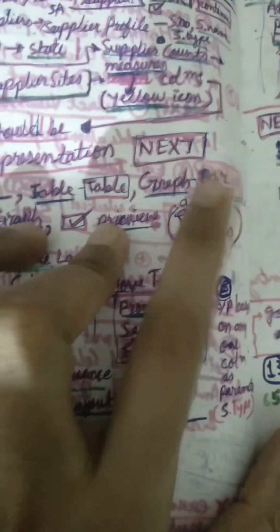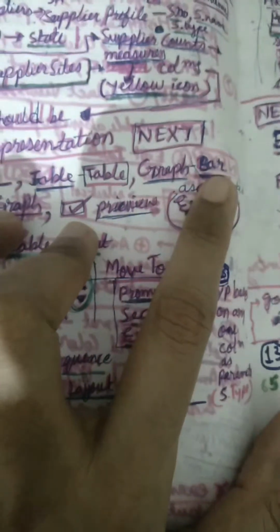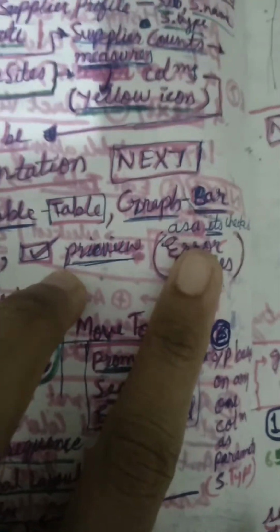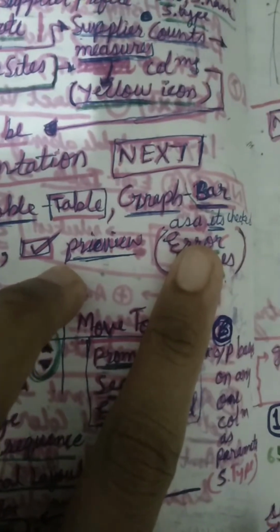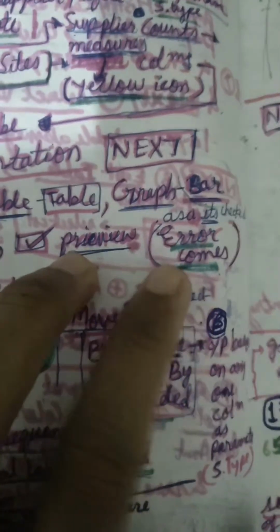The error comes after selecting any kind of graph, either pie chart or bar or whatever, when you select preview. I have written it here: whenever the preview value is checked, then only the error comes.